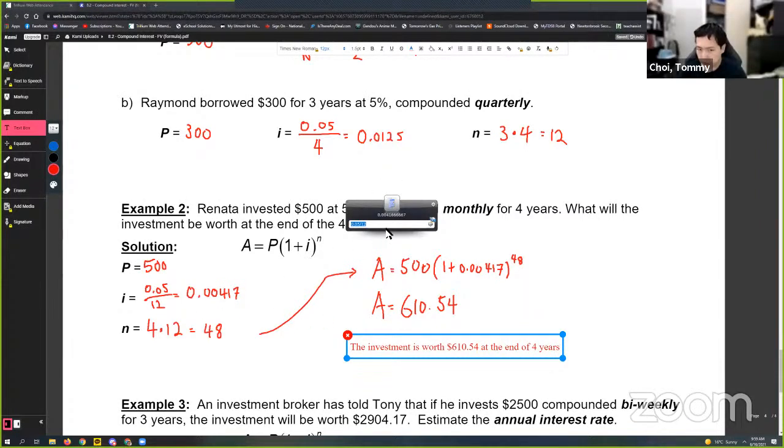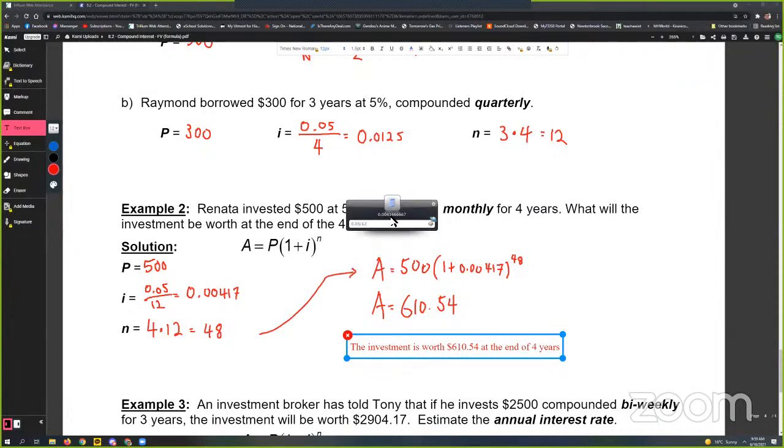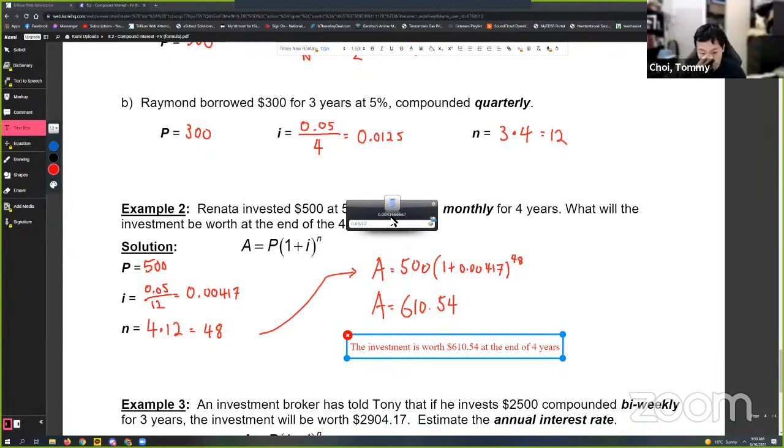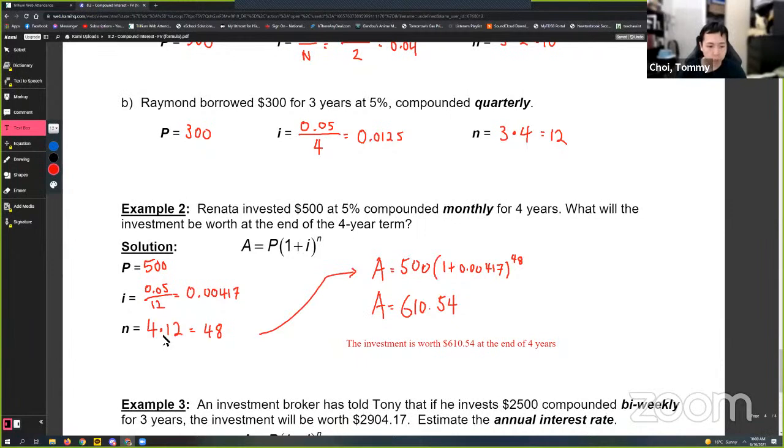That should be fine. The reason why I didn't do it to 4-2 is because see how it's the 6 that's repeating? So usually for the repeating number, we round to the number that's repeating, just to make it more accurate. But 0.0042 is fine. Okay. Any other questions? Yeah, it's not 4.12, that's 4 times 12.